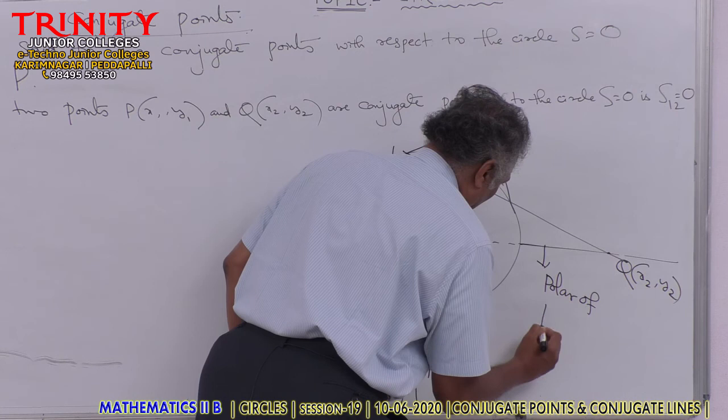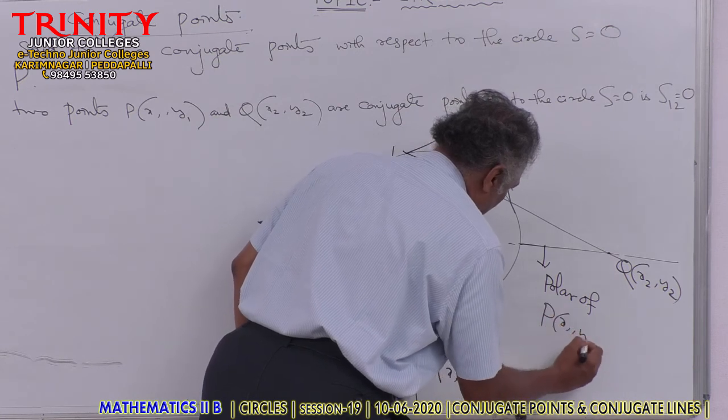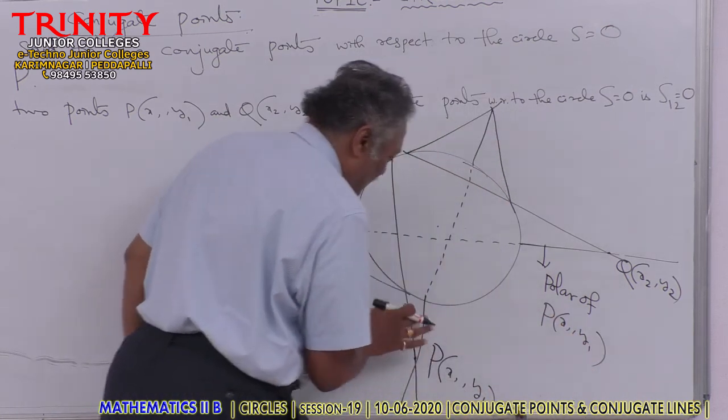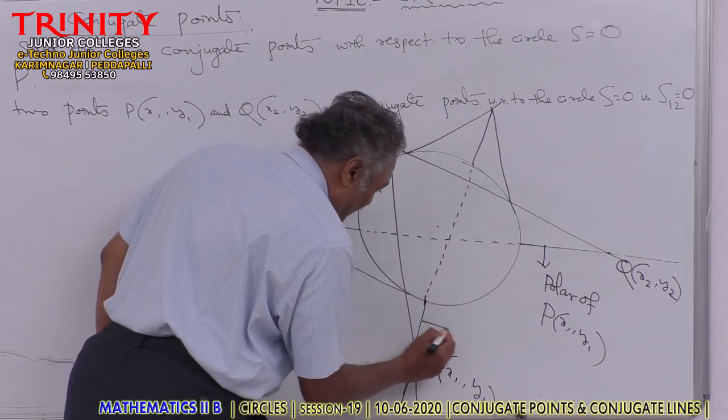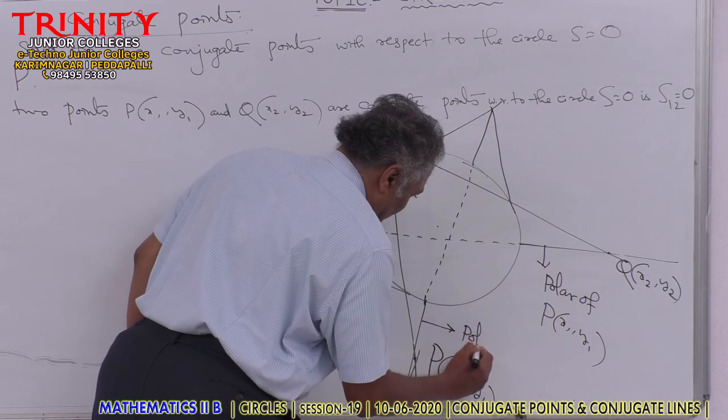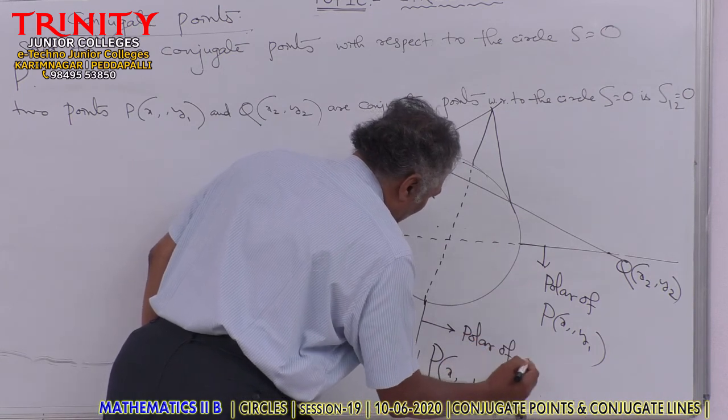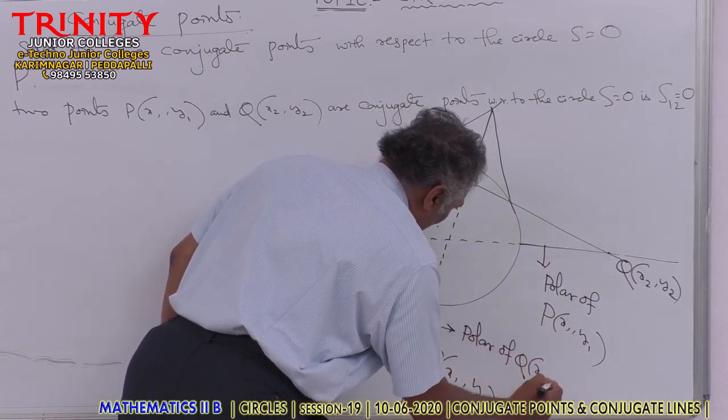Polar of P, x1 comma y1. It is the polar of Q, x2 comma y2.